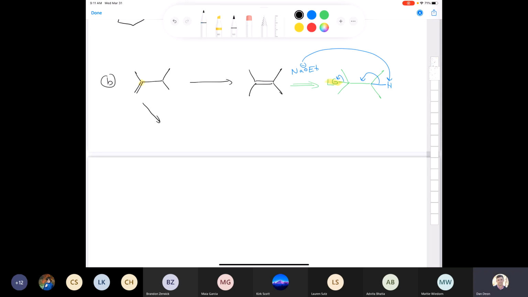All I would have to do is treat that with HBr. That would be a Markovnikov addition. And I would have my bromine right here. Okay, and then all I have to do is treat it with an unhindered base like sodium ethoxide. Okie doke.